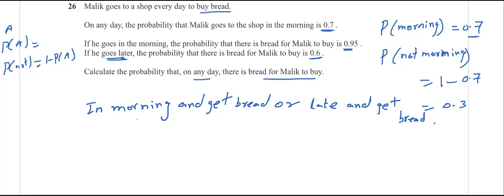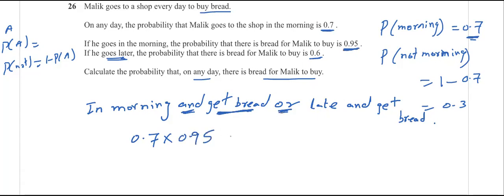If he goes in the morning, the probability is 0.7. The word and is used, so we multiply, and he will get the bread. The probability of getting the bread in the morning is 0.95.